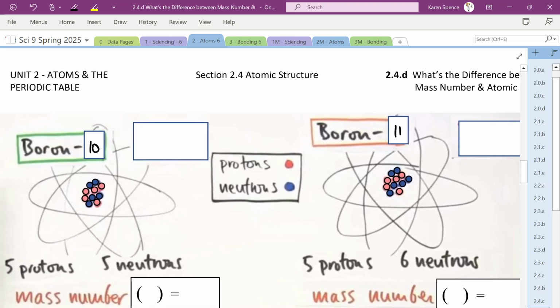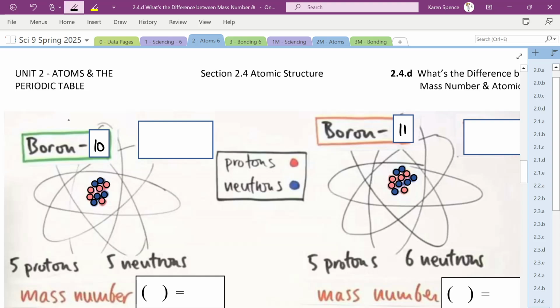And if we wanted to write the symbols for those, if we wrote the B, where would we write the 10? The 10 would go at the top. And boron 11, the 11 would go at the top. What number would go at the bottom for these B's? 5, because there are 5 protons in each of them.